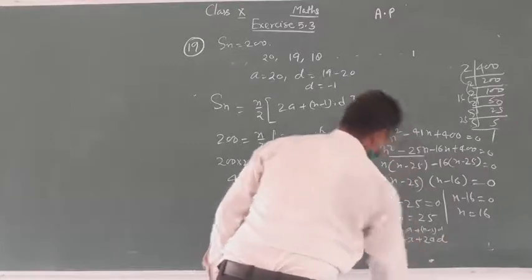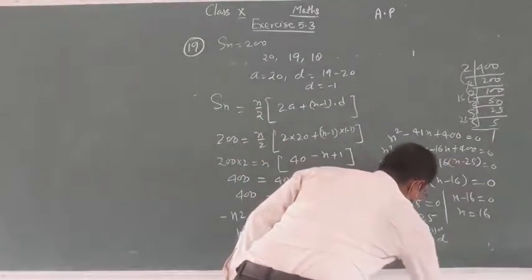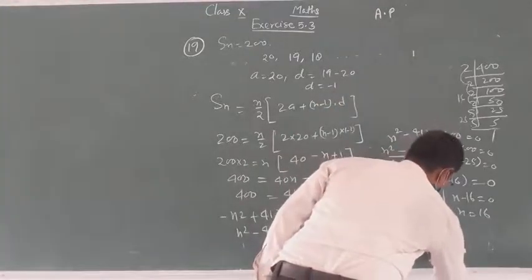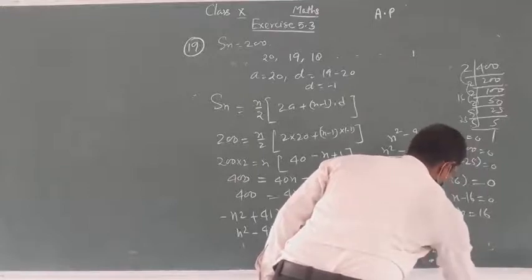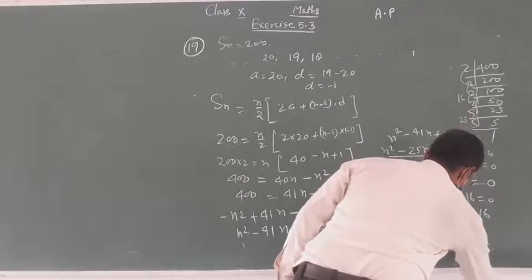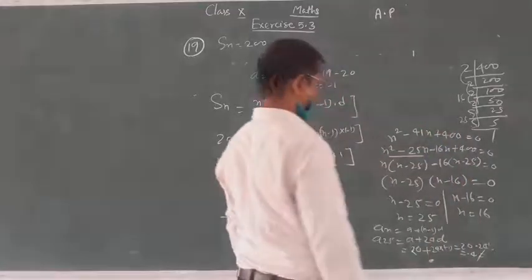Put here the first term of the AP, 20, plus 24 into minus 1, which is equal to 20 minus 24, which is equal to minus 4. This is not possible.